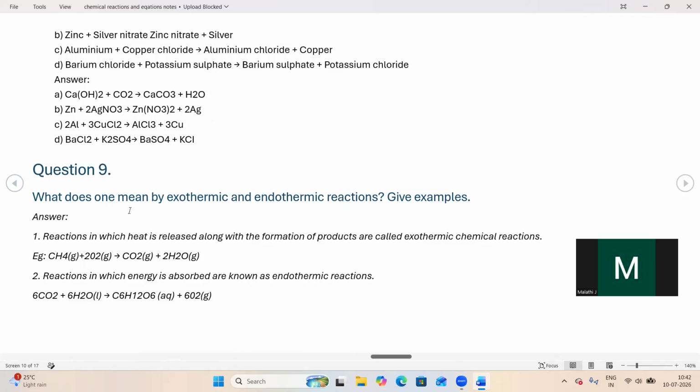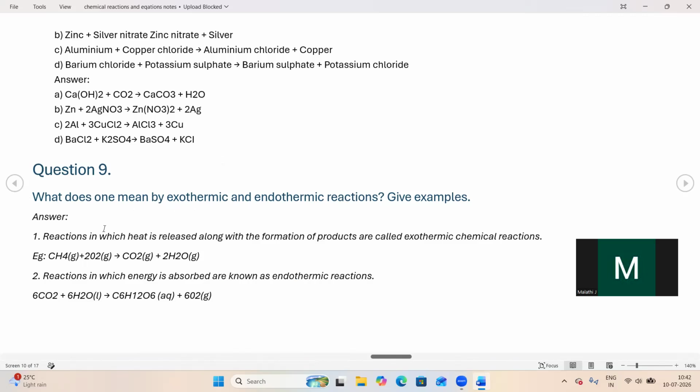What do you mean by exothermic and endothermic reaction? These reactions also come under the types of chemical reactions, no? So the types of chemical reactions are very important for your exam purposes. If you see exothermic and endothermic, as we studied in the last classes, what is exothermic?